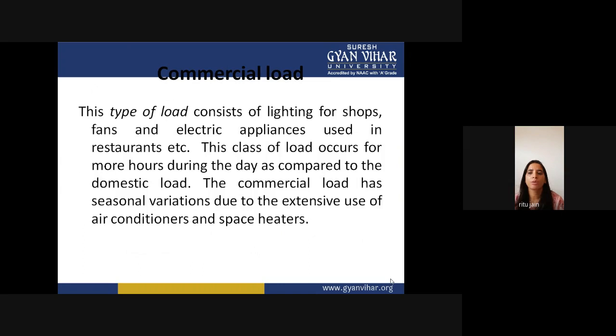This load is mostly used in restaurants and companies. For example, some institutions where working hours are from 9 to 5 use fans, ACs, and other loads in the daytime. So this type of load comes into the category of commercial load.